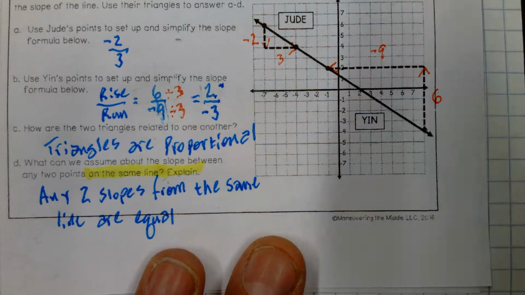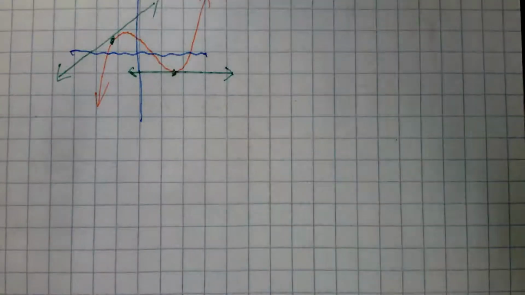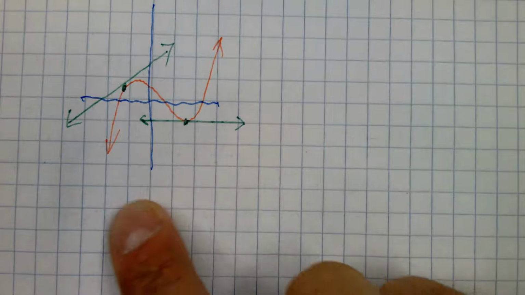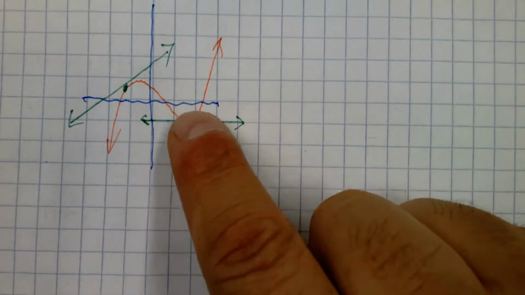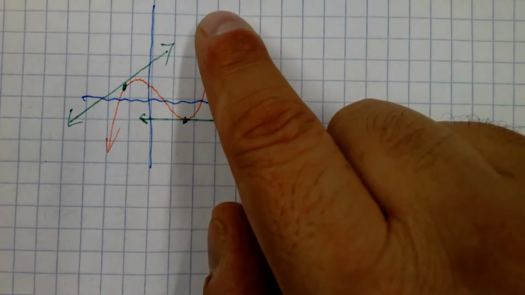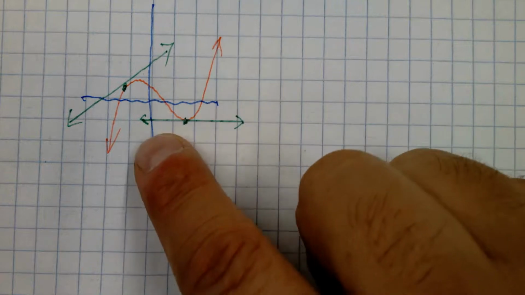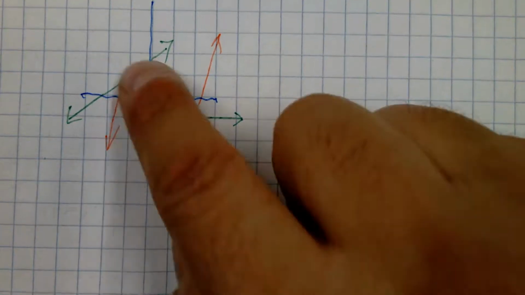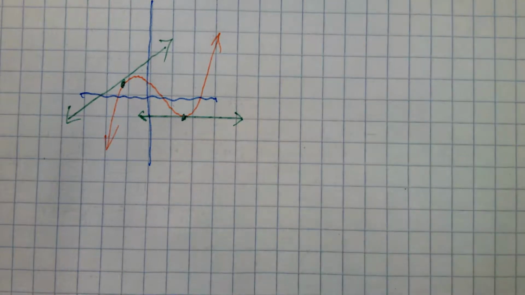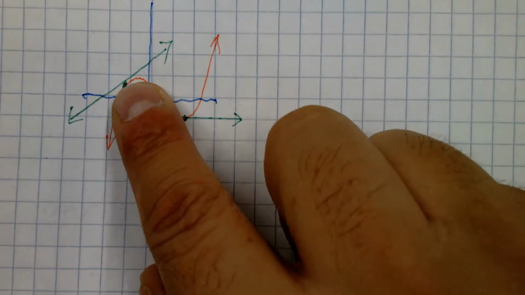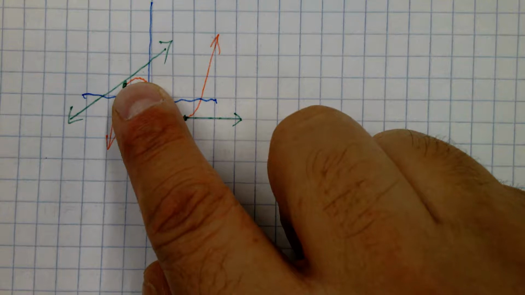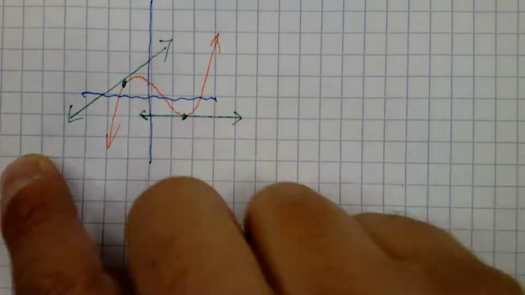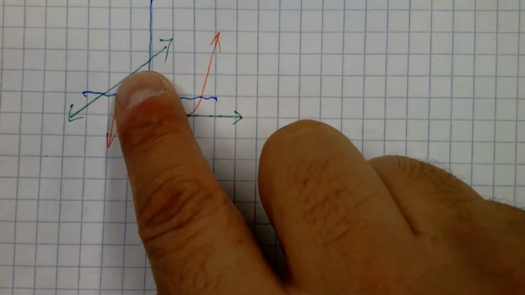Okay? So I'm going to show you what I mean. So look at this here. This here in red is a curve. And it's usually when you're graphing something like x to the third power, it's going to look like this. Calculus is all about, if you pick a point on that line, find the slope. And so here's the line that would give you the slope for this point.